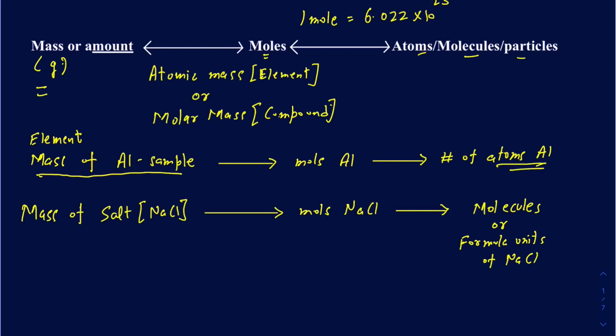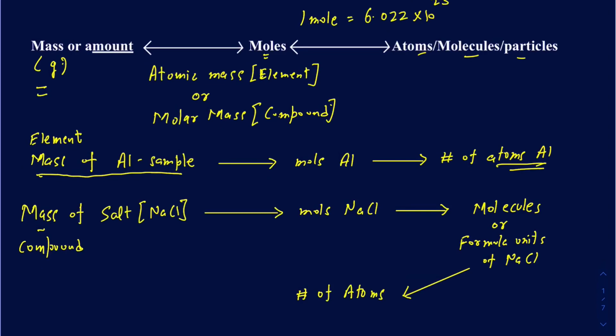But if you're dealing with a compound, like in this second case, or even a molecule, then you first go to the number of molecules or formula units of that compound, and from there I can convert it to the number of sodium atoms or number of chlorine atoms. So you'll have an extra step to go from the formula units or molecules to the number of atoms.